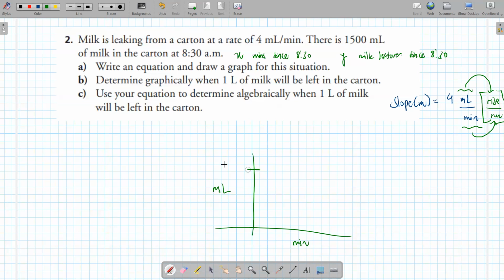The initial milk is 1500, and we know the slope is -4. So what's the equation? You have the y-intercept, you also have the slope. So what's the equation of the line in this case?